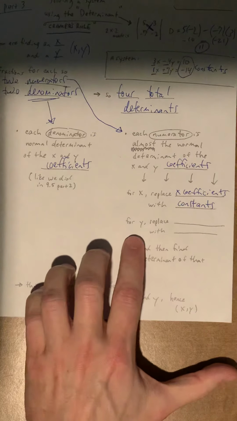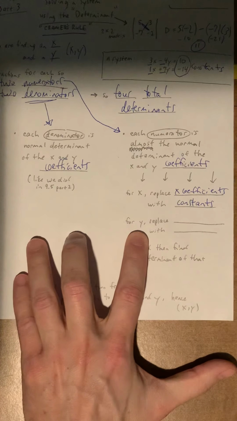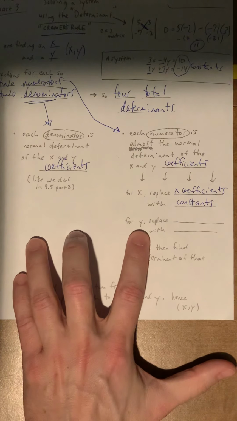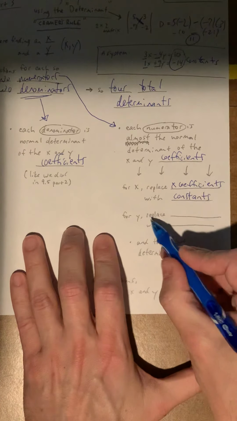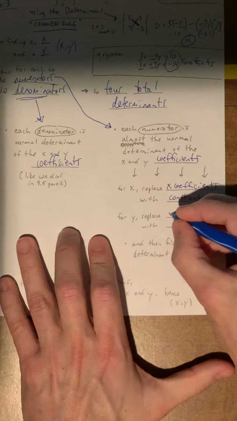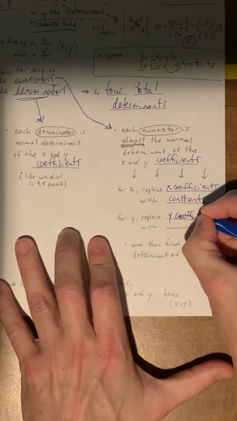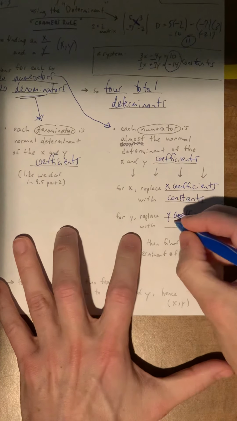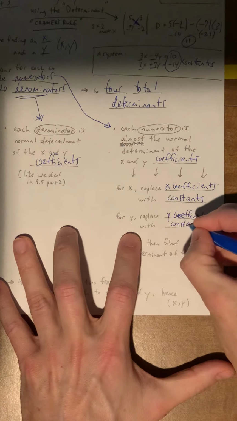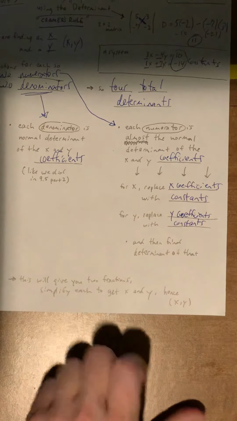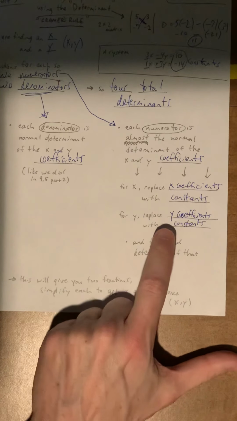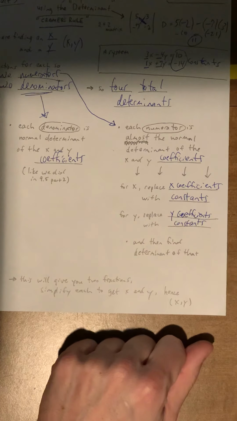And when you go for your y numerator, the numerator for y, that determinant, when you go for that one, you replace the y coefficients with the constants. In the 2 by 2 matrix, you keep your x coefficients the same when you're going for y.